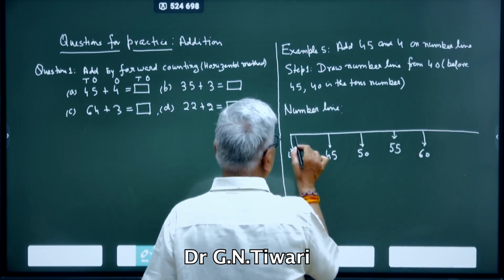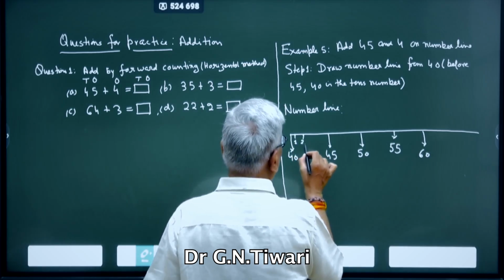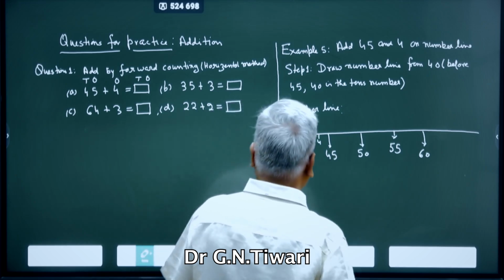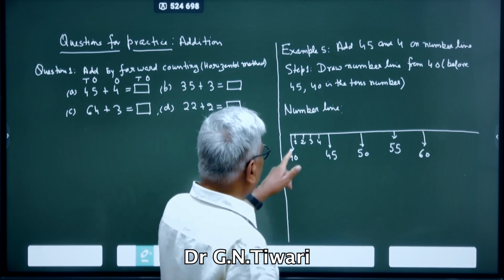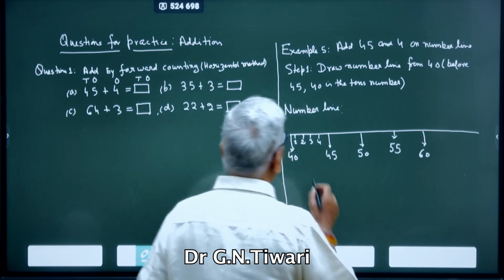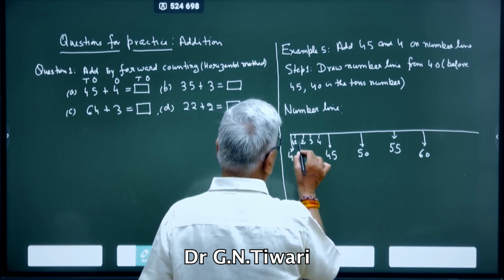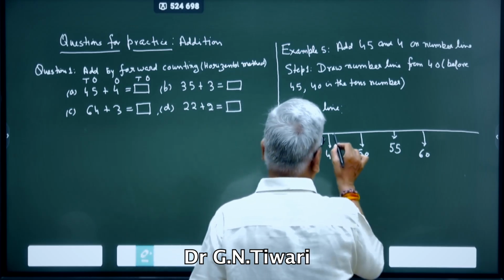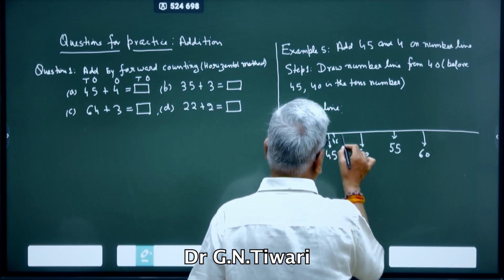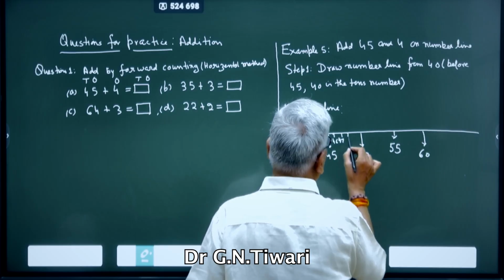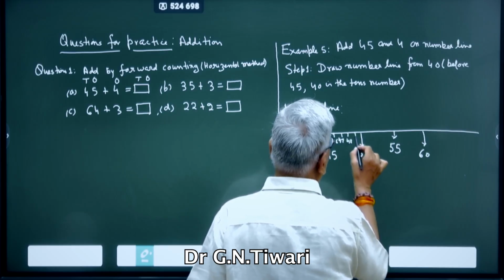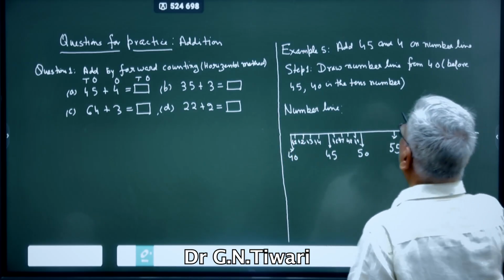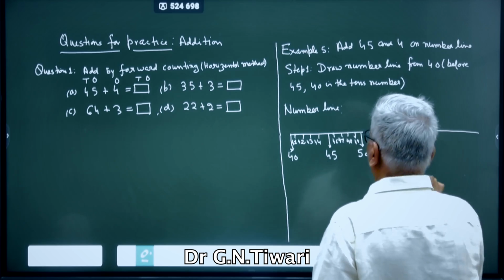Ask the student to do it the same way. Then write 1, 2, 3, 4. That means if you add 4 to 40, it will be 45. Then you can say 41, 42, 43, 44, 45, then 46, 47, 48, 49. Now you have to draw 45 and 4.